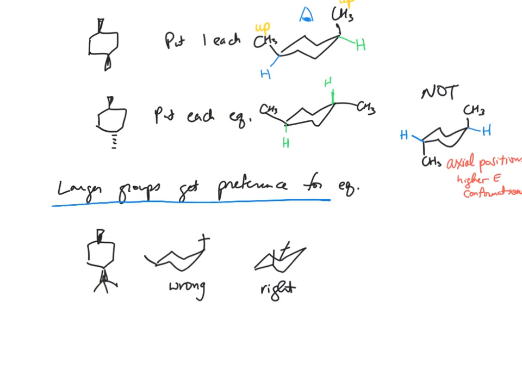We know that the one on the left is wrong because this large tert-butyl group is occupying an axial position, which means it's undergoing 1,3 diaxial interactions that are larger than the 1,3 diaxial interactions that the methyl group is going to experience with a proton.